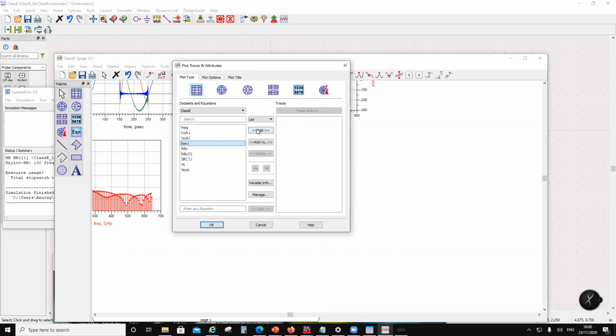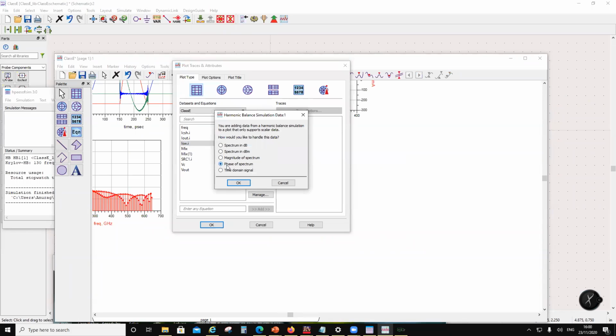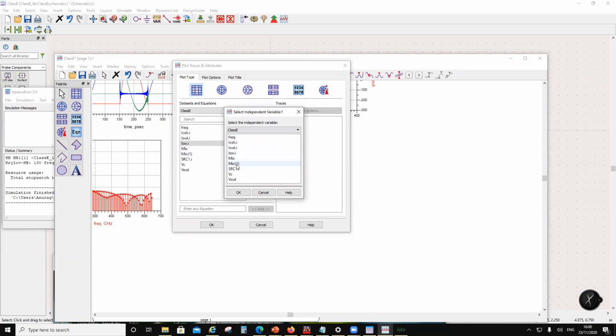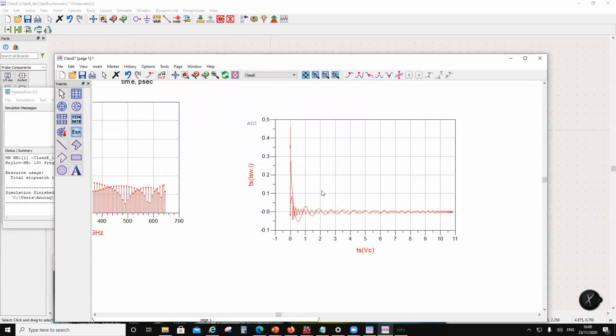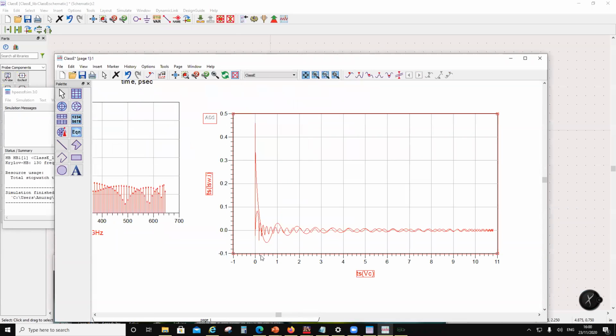So current through the switch versus a time domain, and versus voltage across the switch in time domain. Okay. Okay, so you will see the swing, and what you see these small, this is a harmonic balance stuff.